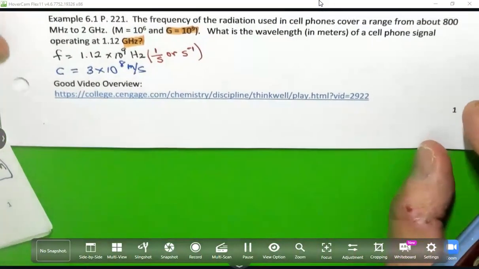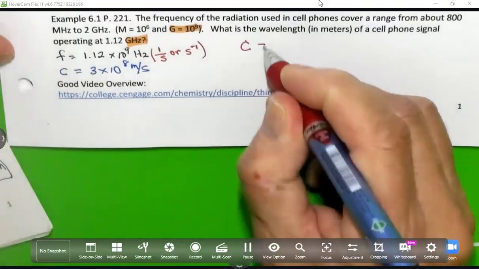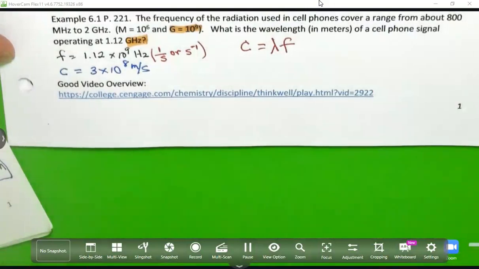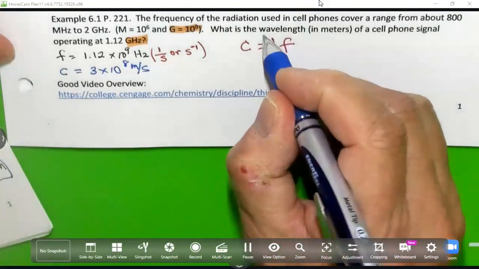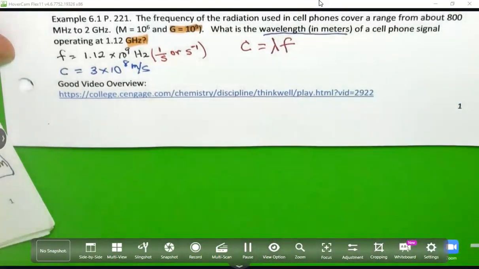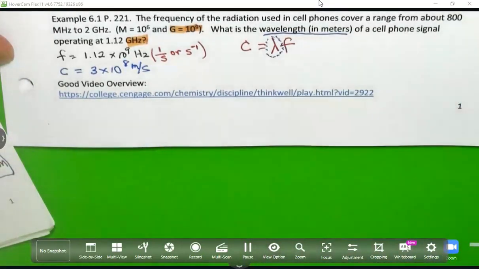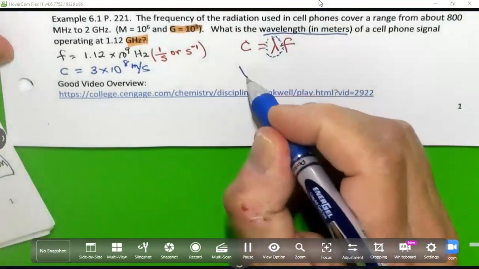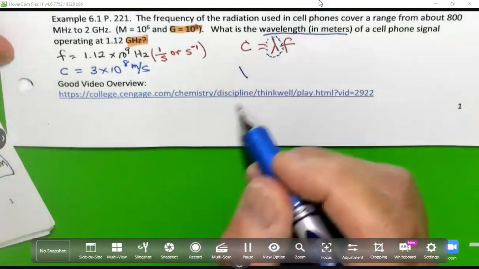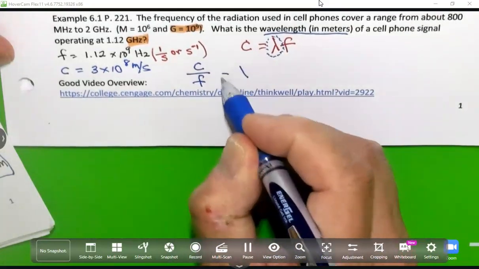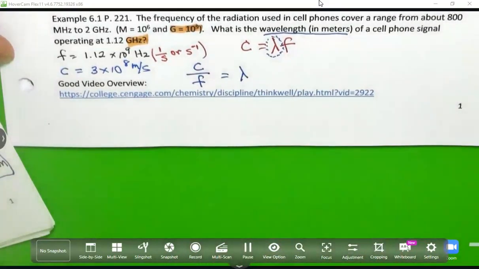Our equation is that the speed of light is equal to wavelength times frequency, where wavelength is the upside-down backwards y. So we want to solve for our wavelength in meters. Our speed of light divided by frequency should be our wavelength.